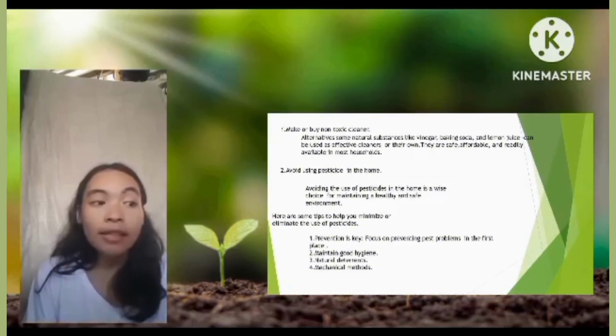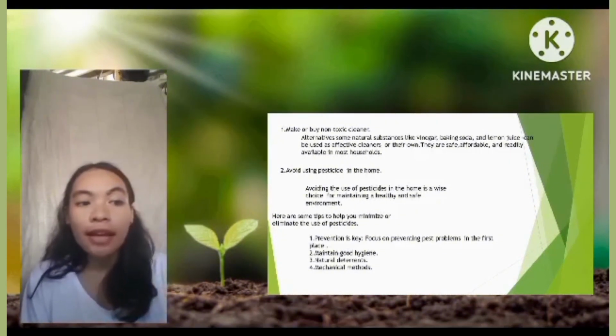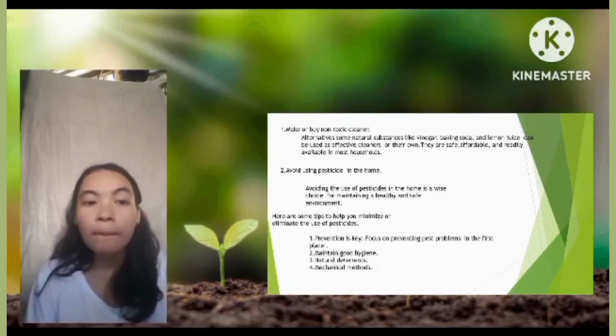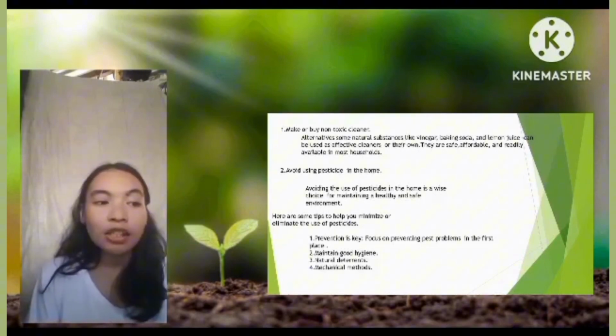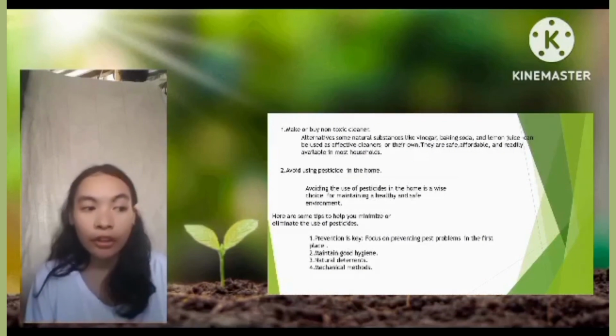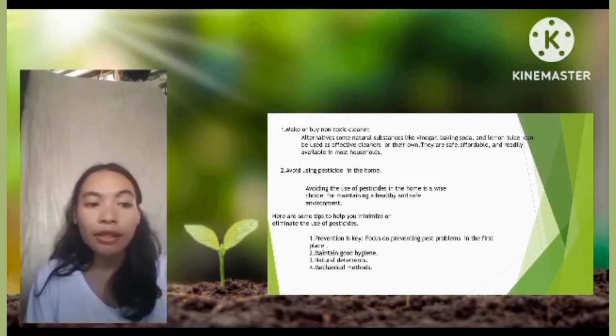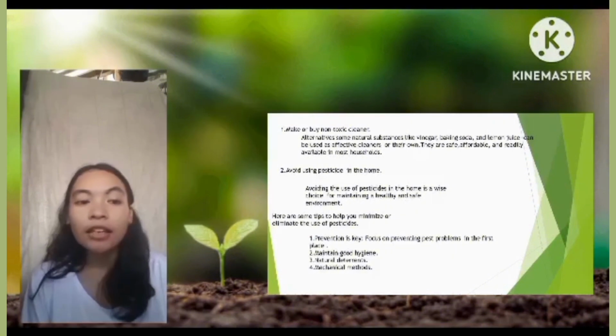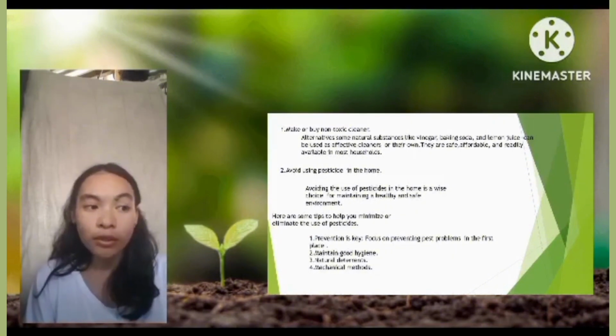The next is natural deterrents. Implement natural pest deterrents such as essential oils like peppermint or lavender, placing sachets in closets and drawers, to control crawling insects.